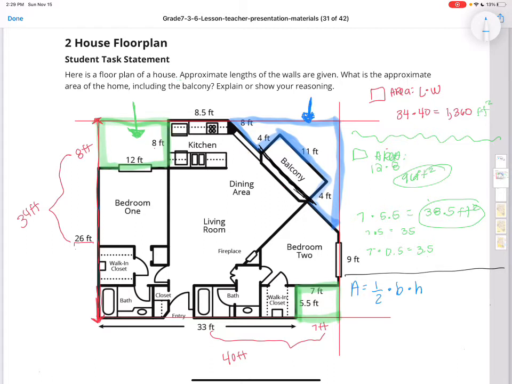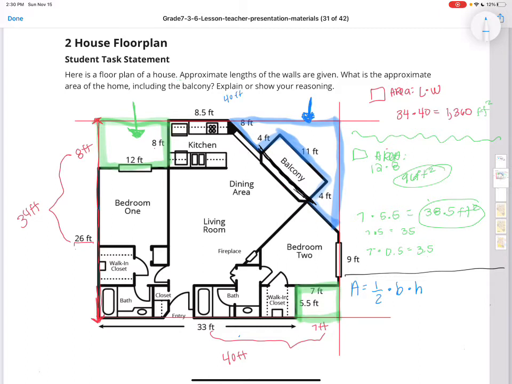So we need to figure out how I can find the length of the base of this triangle. If this side is 40, then this side would be 40 feet, correct?